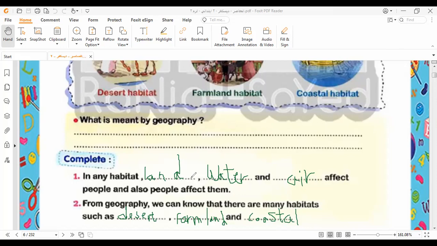In any habitat, we have three things that affect people, and people are affected by them: land, water, and air. From geography, you can know many habitats: desert, farmland, and coastal habitat.